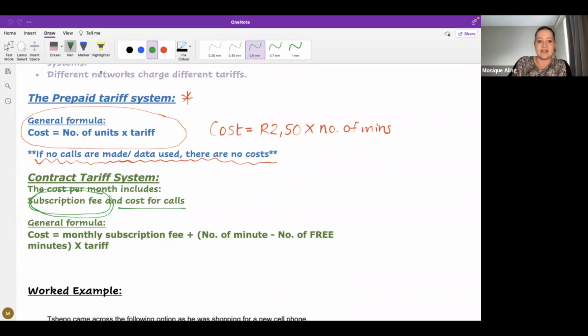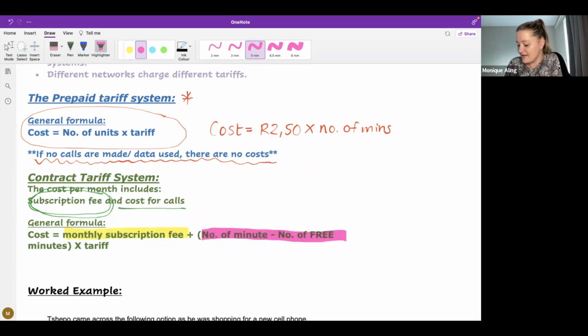The difference being that we start off with our monthly subscription fee in the beginning. And then you'll notice that the second part is similar to our prepaid. Quite often with the contract though, they will give you some free minutes. So I've included the free minutes in this general formula.